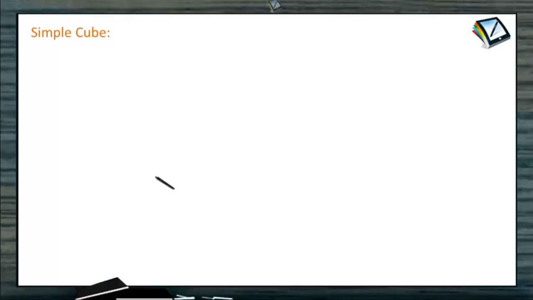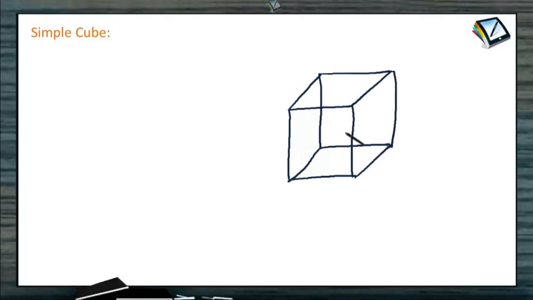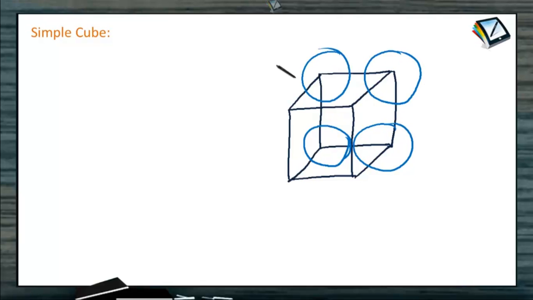First one is simple cube. Here in a simple cubic crystal system, all atoms are present at the corners. Now this is one corner and it has one atom, and this is another corner, another atom, another corner. Like this, in the 8 corners, 8 atoms are present.